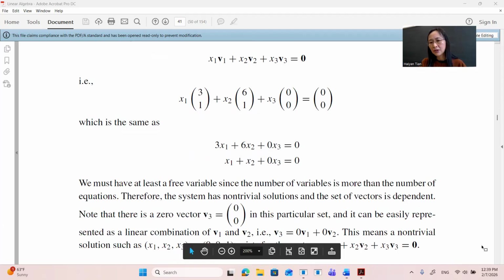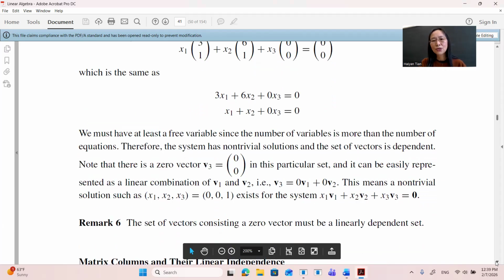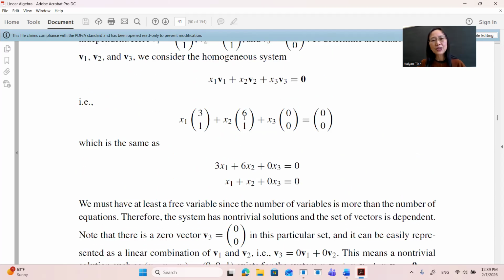And also, when we solve it, you can always use an augmented matrix to reduce. But also, you will easily discover that there is a non-trivial solution. Actually, by observation, we can make this non-zero.